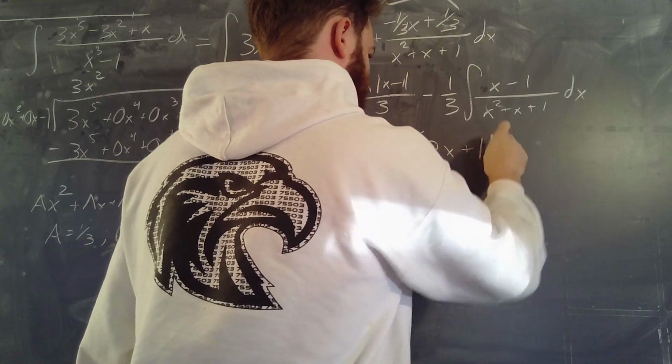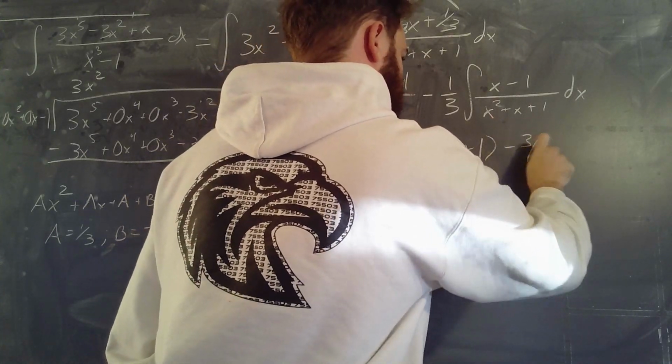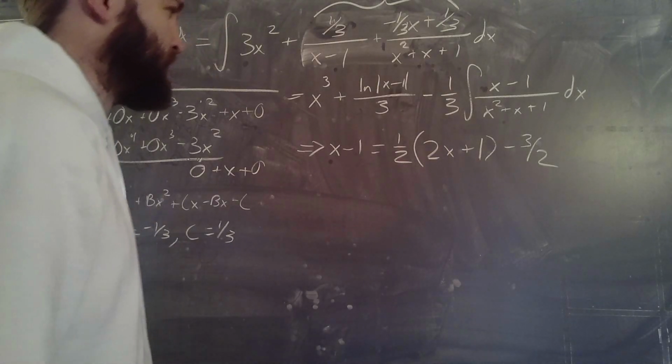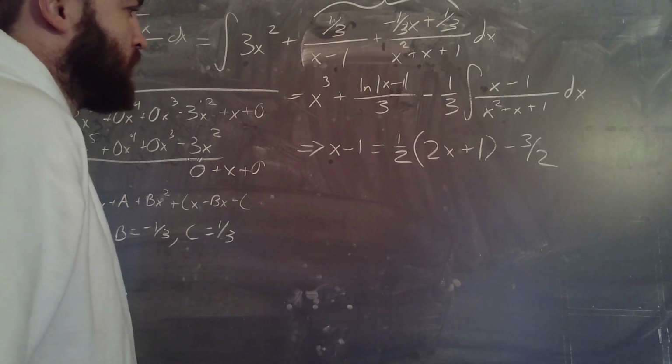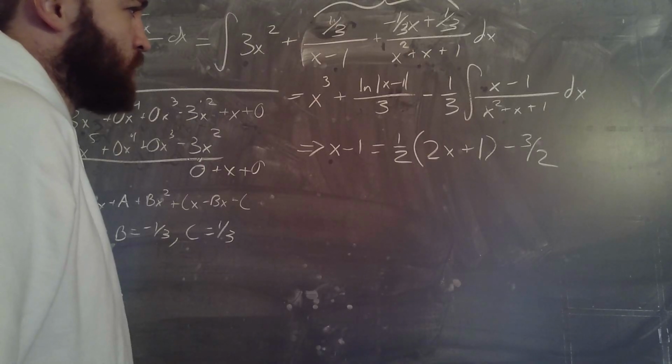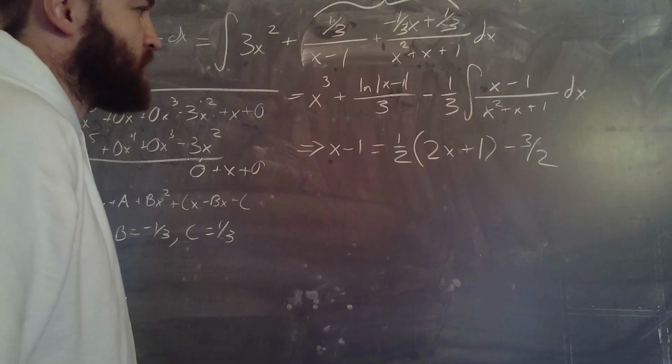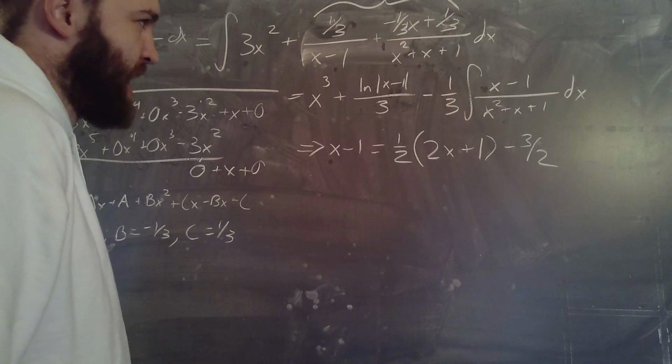That'll be a half. So I have to minus 3/2 on the end of that after that distribution. Those should evaluate to the same thing, which is x minus 1. So I can just replace x minus 1 in this particular integral with 1/2 of 2x plus 1 minus 3/2.